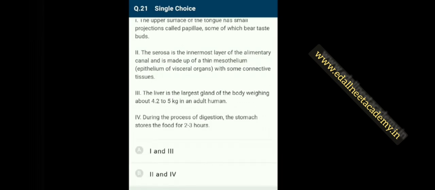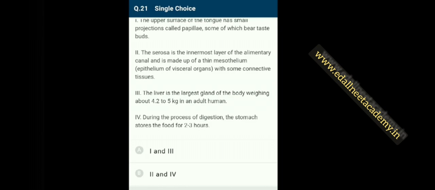Question 21. Which statements among the following are correct? The upper surface of the tongue has small projections called papillae, some of which bear taste buds. It is used to detect specific taste, in which about 50 to 150 cells are found. The general tastes detected are sweet, sour, salty, and bitter. The serosa is the outermost layer of the alimentary canal, and it is made up of thin mesothelium, that is the epithelium of visceral organs, with some connective tissue.